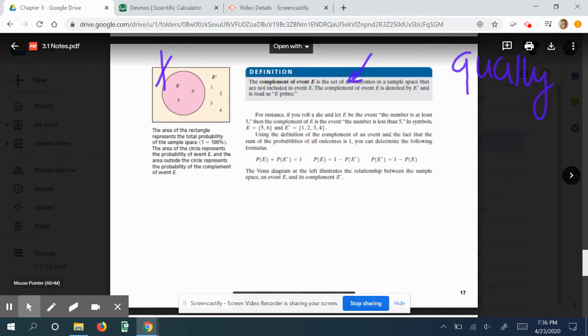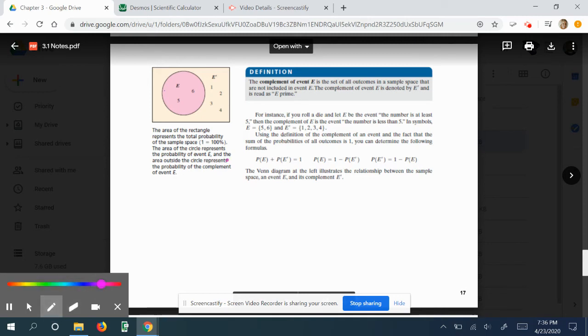Okay? Now, the next thing we're going to talk about is something called a complement. What is a complement? Well, a complement is the opposite of something happening. The probability of E happening and the probability of its complement add up to 1, which means the probability of E is 1 minus its complement, or more importantly, the complement is 1 minus the probability of something happening, okay?